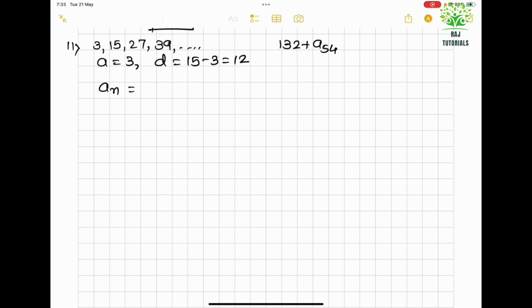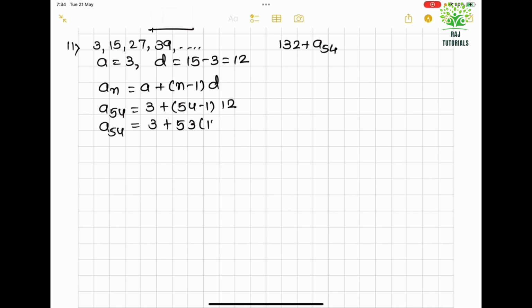Using the formula an equals a plus (n minus 1)d, A54 will be 3 plus (54 minus 1) into 12. So A54 equals 3 plus 53 into 12, that is 3 plus 636, so 639.